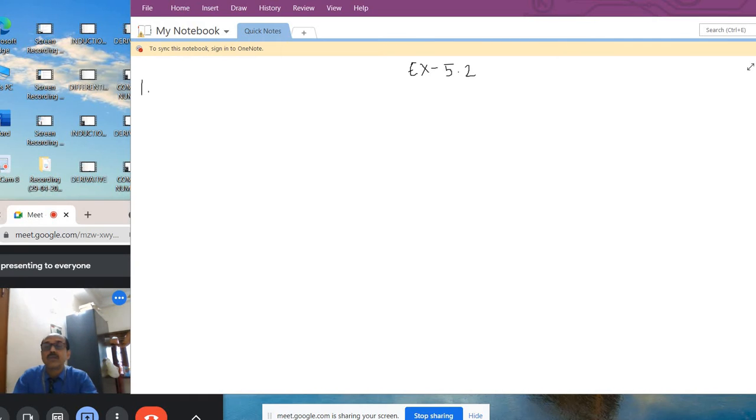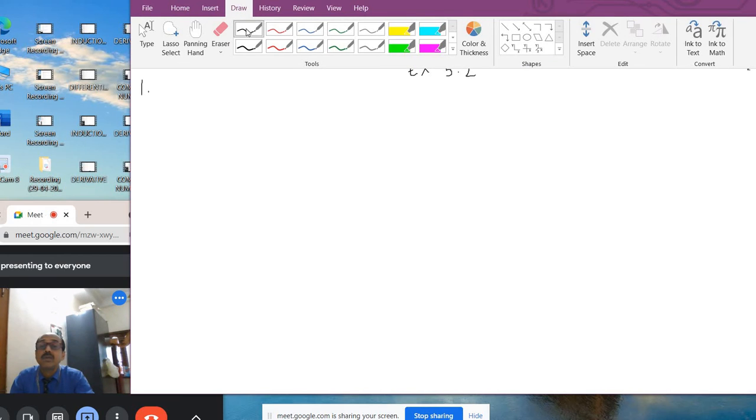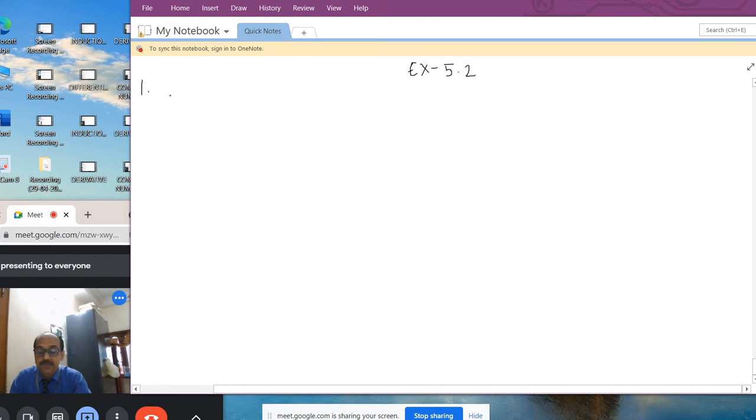So z equals -1 minus i root 3. Find its modulus and argument.